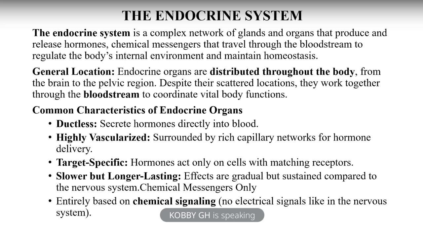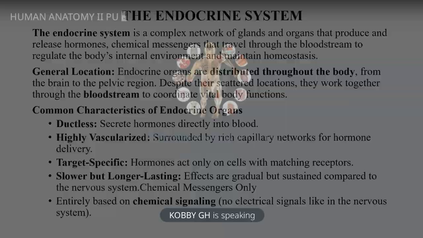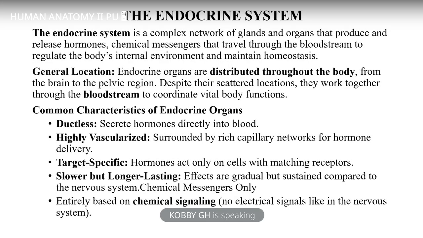If a hormone is released by the hypothalamus, that hormone will not go and work on every organ in the body. It has a particular organ it will go and work on. So the endocrine system is target specific, meaning every endocrine hormone has a particular organ or part of the body that it will target and influence its activity.